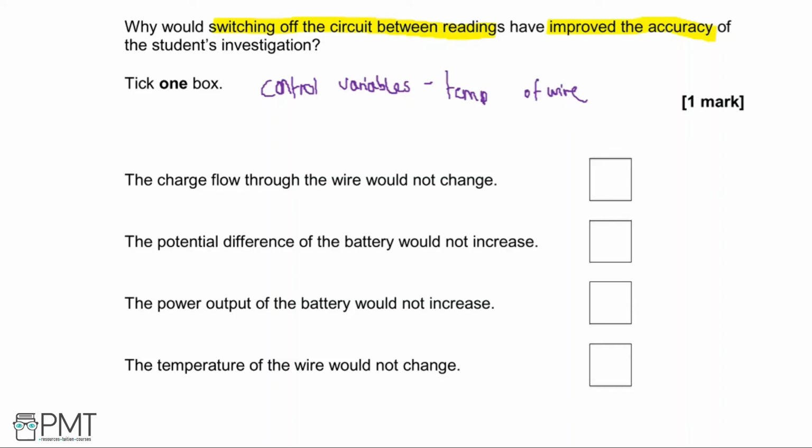This is because when we switch the circuit off, this causes the current to stop and gives the wire a chance to cool down, therefore controlling temperature. Therefore, the answer that most correctly describes why we disconnect the wires between readings is the last answer. The temperature of the wire would not change if we disconnected the wires.